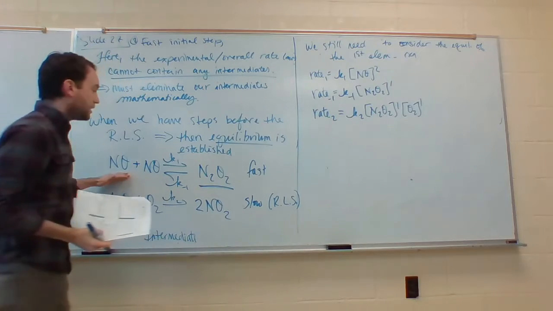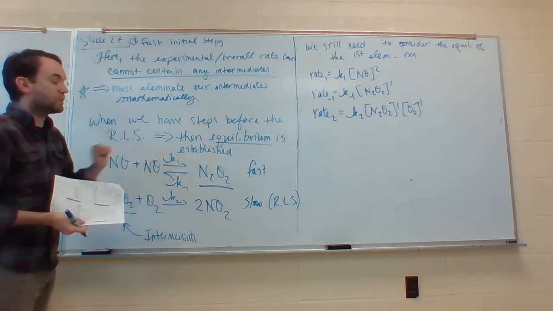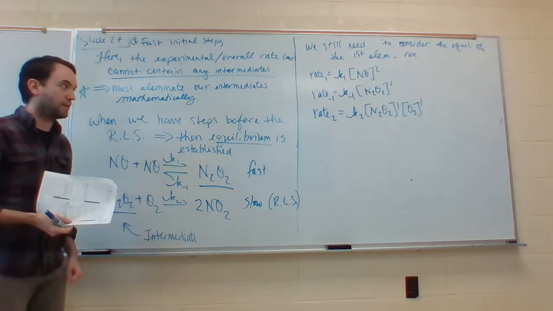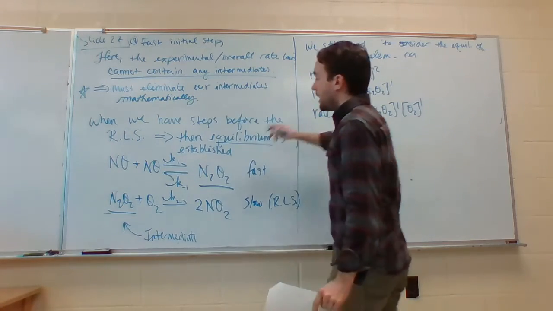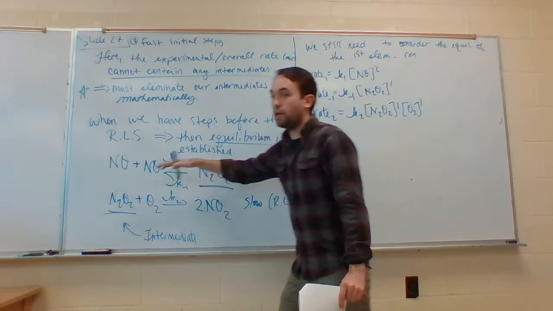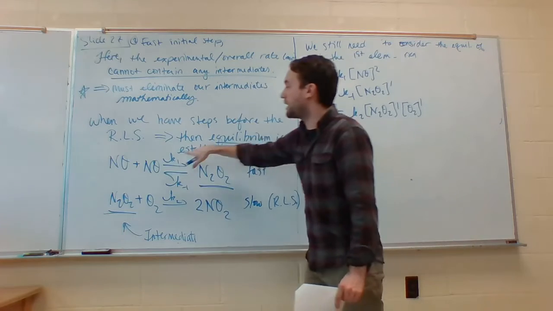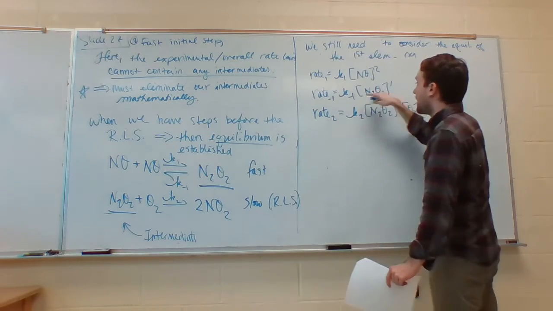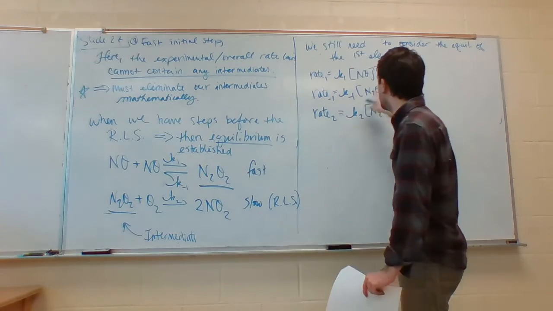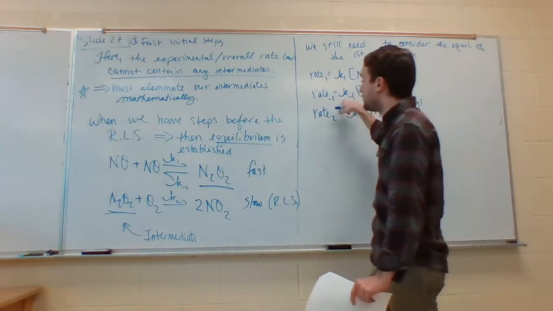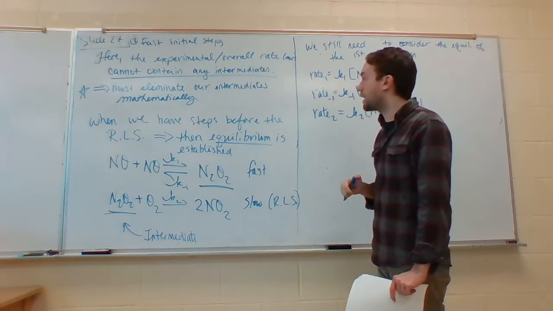Again, where I've just taken the species, raised them to the number of times they appear, and multiplied it by the rate constant in the direction that I'm going, okay? So this first one came from NO and NO, so there are 2 of those, so I have NO squared, right? And then I have my K1 since I'm going forward. In the second one, I take this reaction and I'm going backward. So I've got my concentration of N2O2, it appears once, and I multiply that by my reaction rate constant going backwards, my K -1.